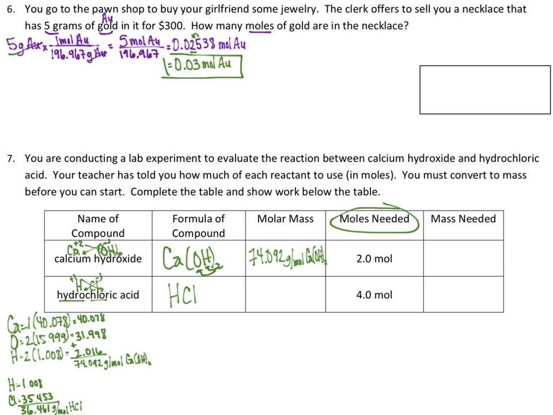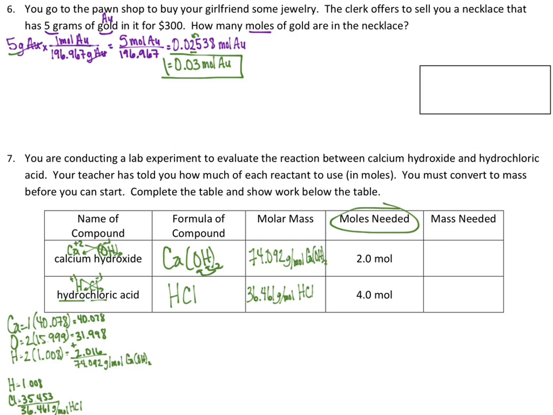My molar mass for hydrochloric acid is 36.461. Again, grams per mole. And we're talking about hydrochloric acid. Okay, so now, mass needed. So again, we're given moles. So now we have to set up our calculations.